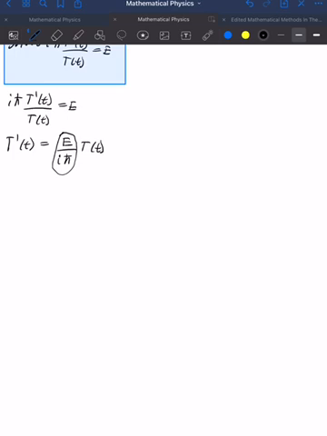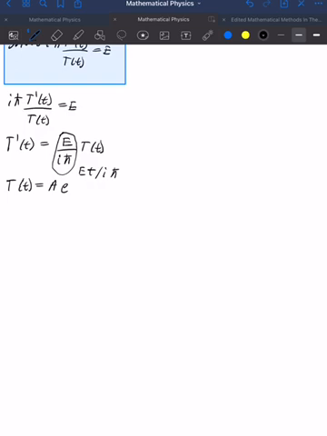So we know that T of t is going to be some exponential, A e to the E t over i h bar. So this is our general solution for T of t.